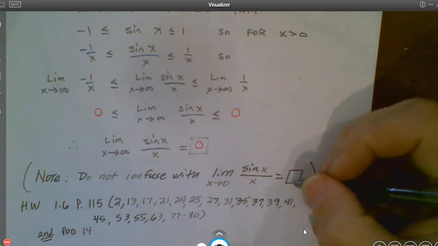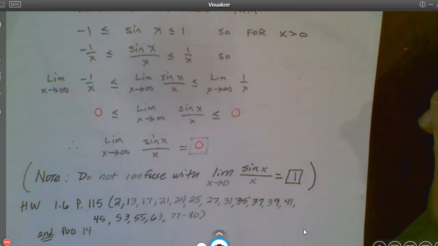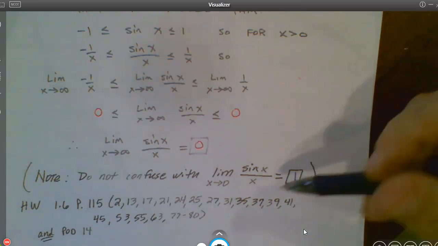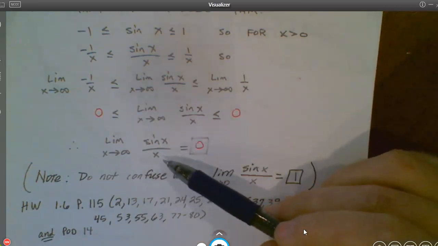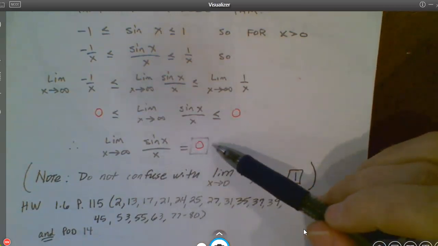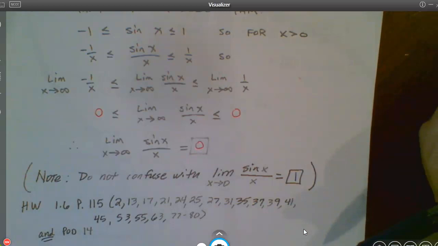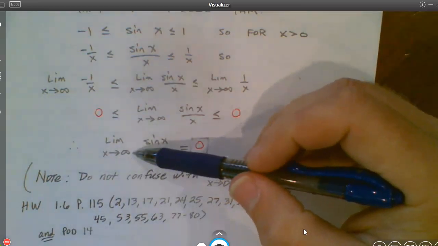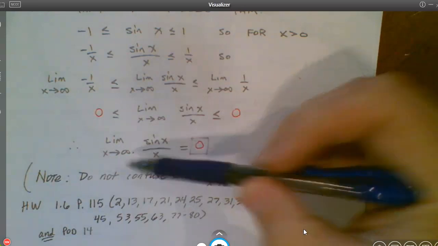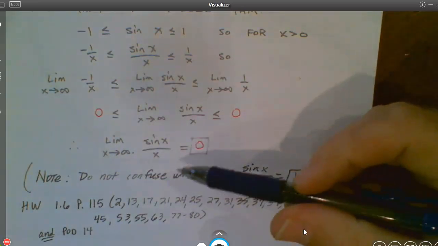And that's when you had a value of 1 for that guy right there. So again, that was when x is approaching 0. But if x is approaching infinity, like it is in a case like this, then our limit becomes 0 instead of 1. And so it's just those little things that we would have to pay attention to, like what are we approaching, in order for either one of those to be true.